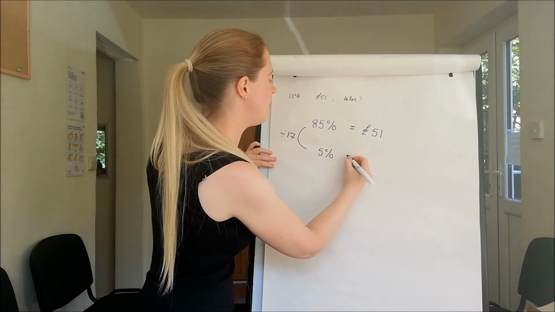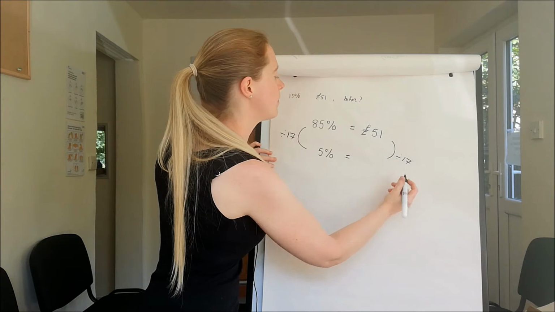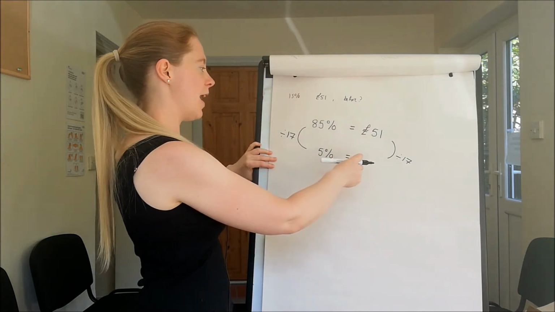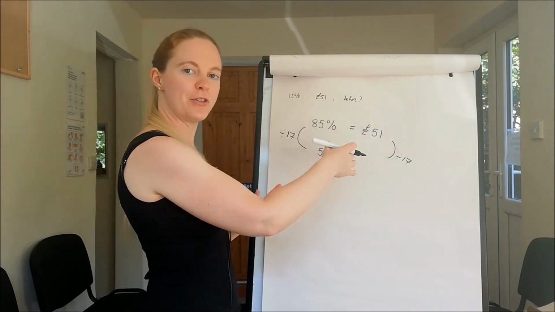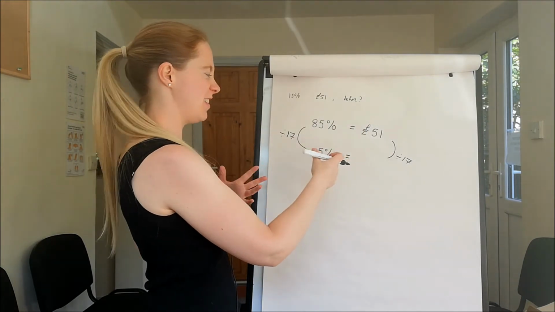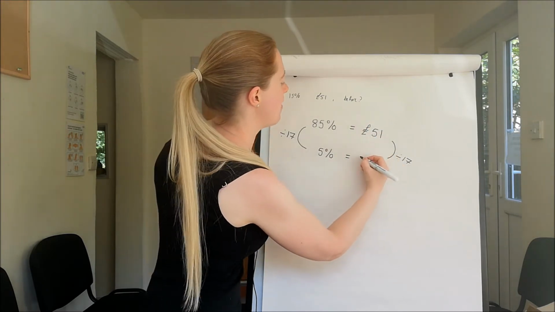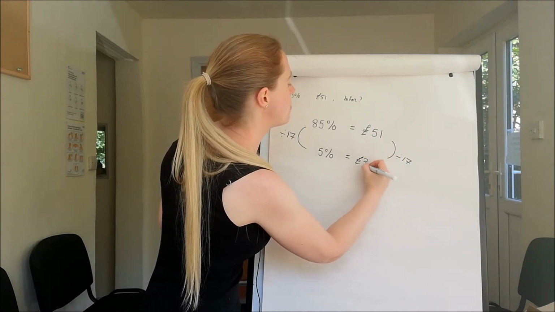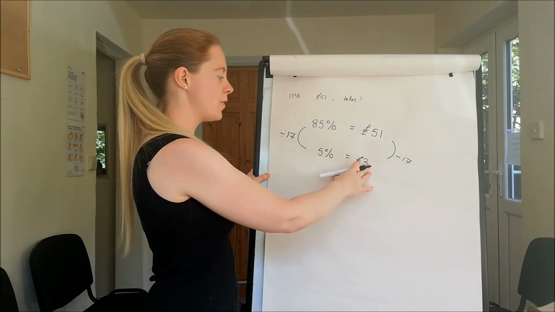And so I can divide 51 by 17 as well. This is a lot like ratio work, where what you do to one side you have to do to the other side to keep it balanced. It's a very similar thing, really. So 51 divided by 17 is £3. So that tells me that 5% equals £3.